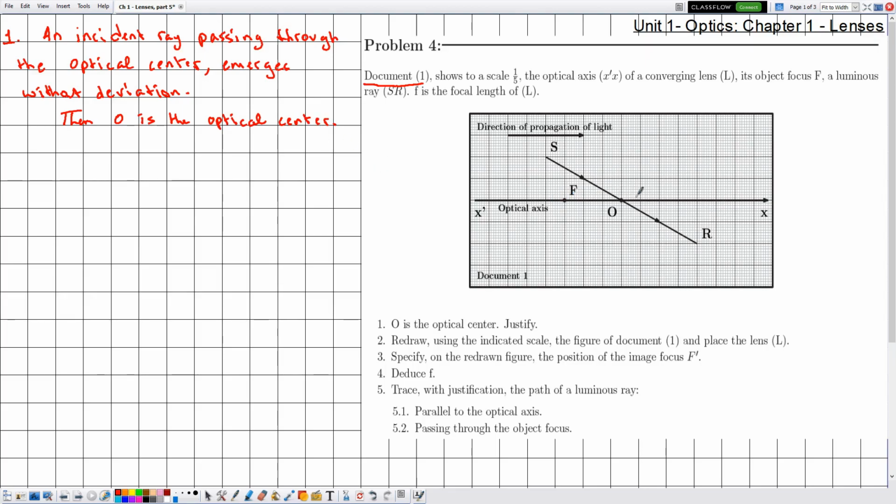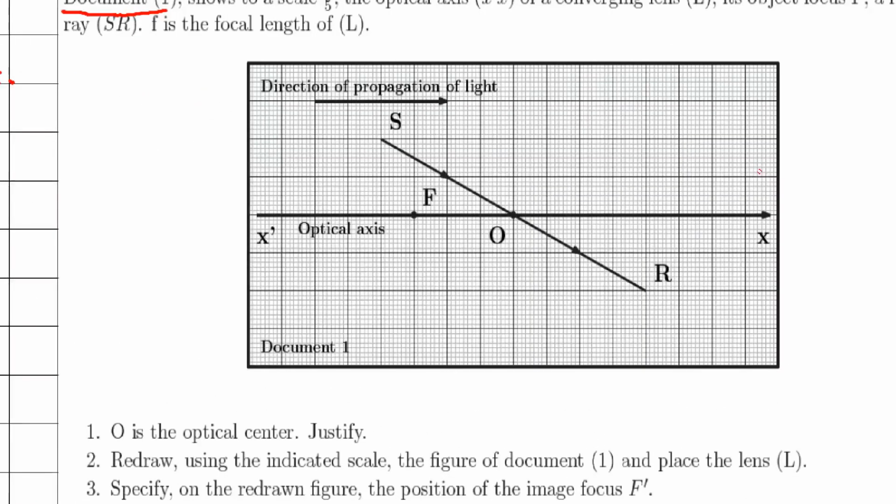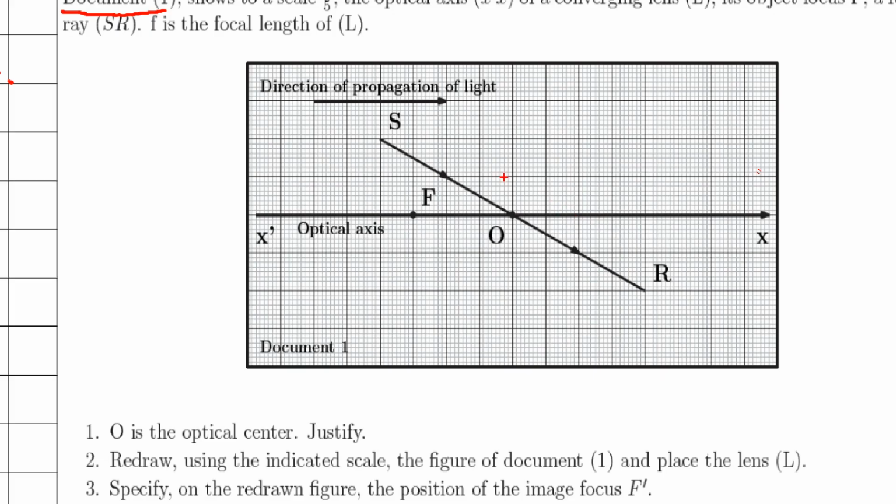We cannot say that O is the optical center because it's the intersection between the optical axis and the lens L, because here we don't have the lens L.